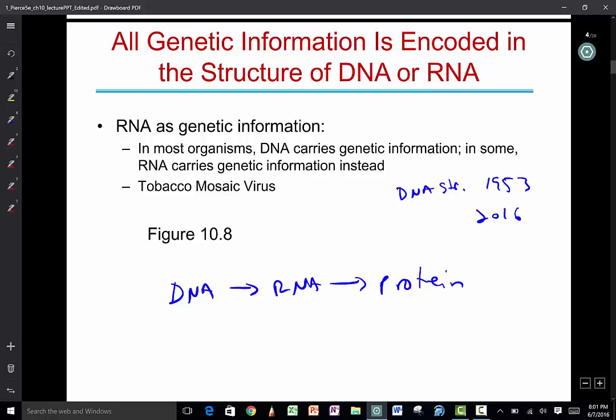So it's 63 years or so that we've known the structure of DNA. Most organisms have DNA as genetic material. Some organisms, particularly viruses, can have an RNA genome. These are the molecules that can hold genetic information.